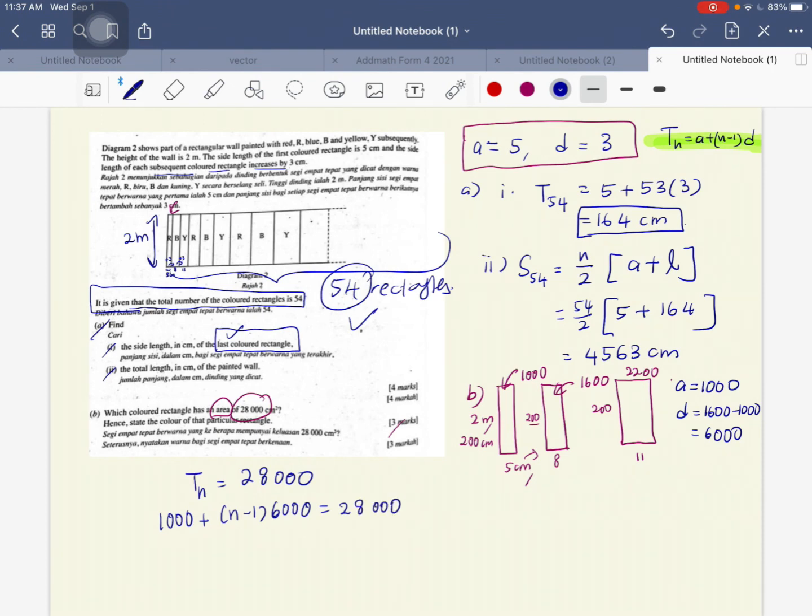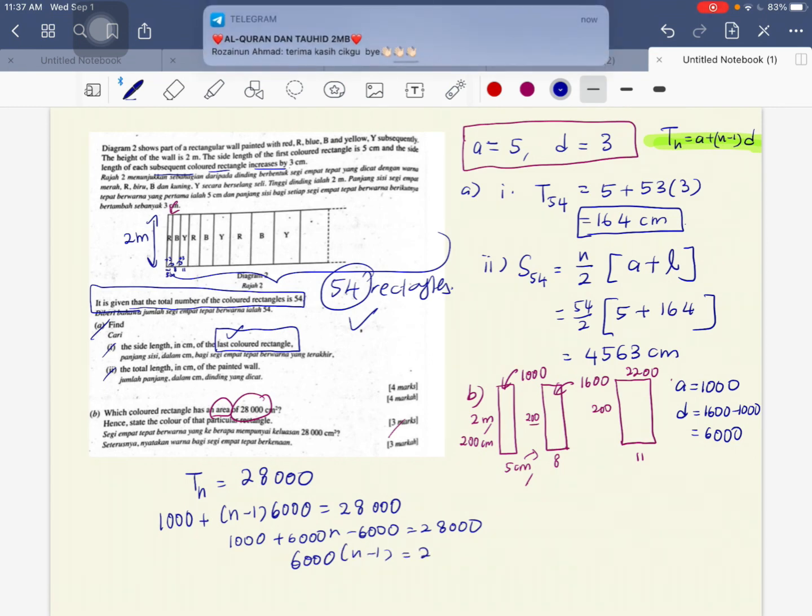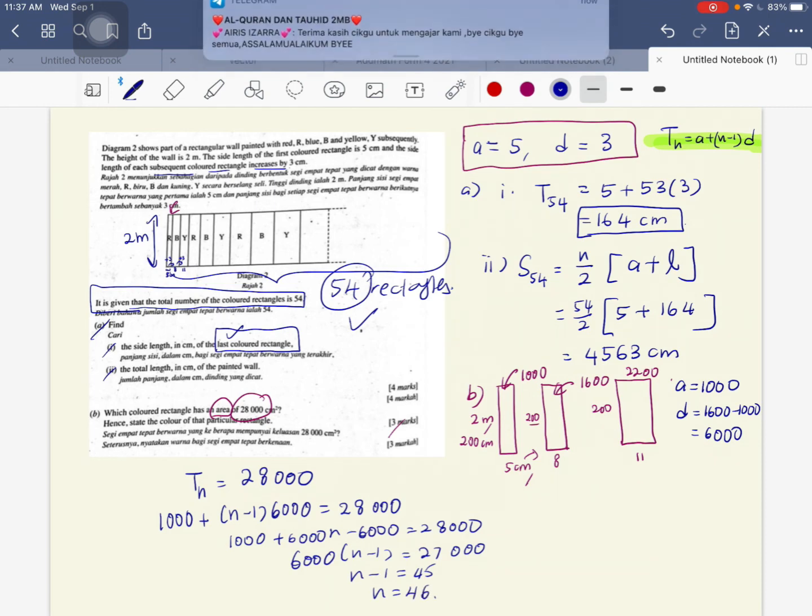Okay, our mission is to find n. If we simplify this, you'll get 1000 plus 600n minus 600 equals 28,000. So you simplify this, you'll get 600 times n minus 1 equals 27,000. So n minus 1 is equal to 45 and n equals 46.